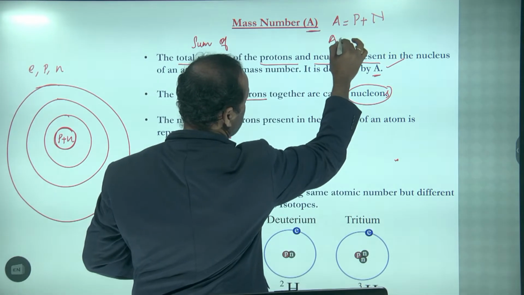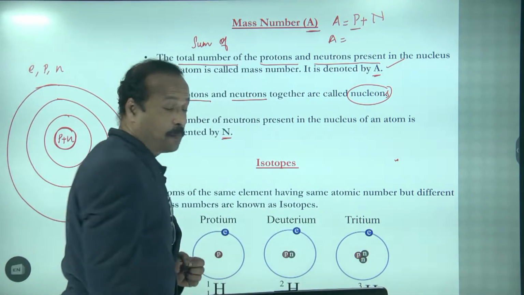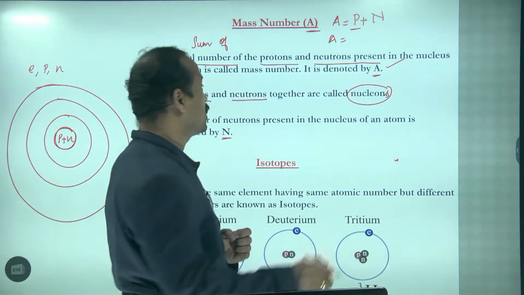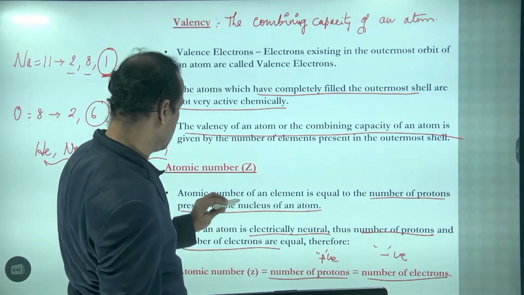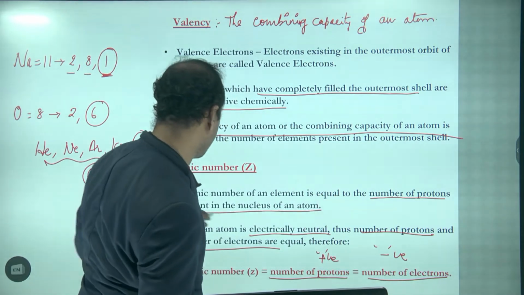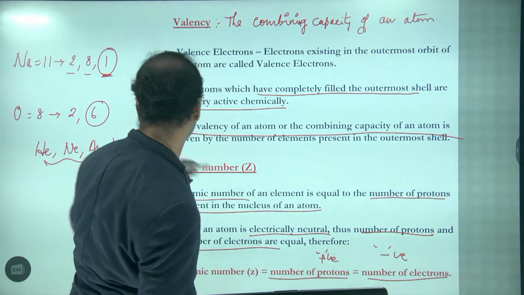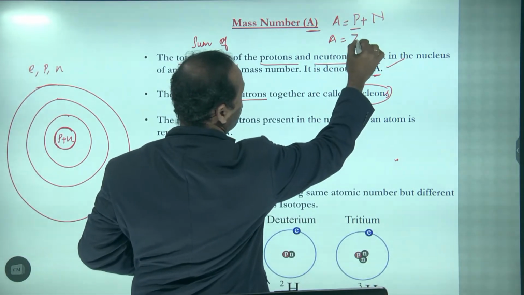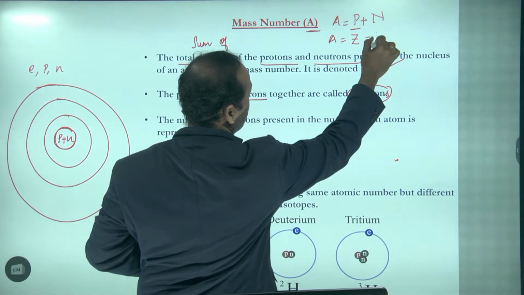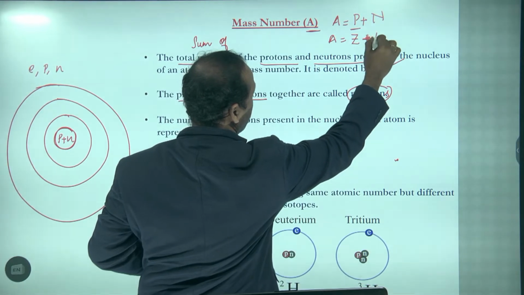The number of protons is also called atomic number, as I explained in the previous slide. The number of protons in the nucleus is called atomic number. So now in place of protons I write atomic number. Atomic number is denoted by Z. So A is equal to Z plus N.